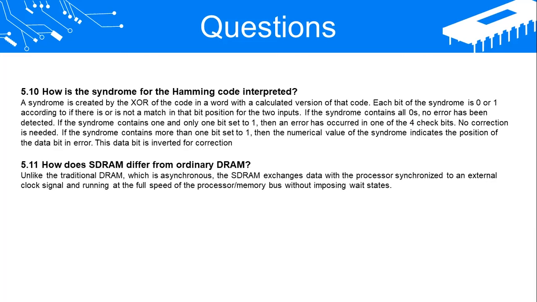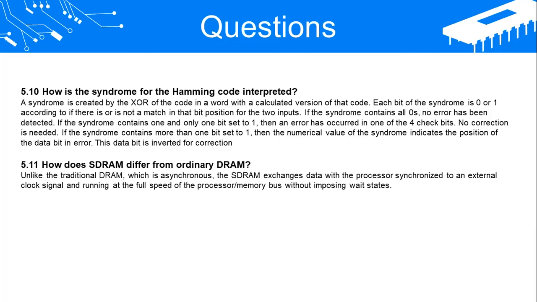If the syndrome contains one and only one bit set to 1, then an error has occurred in one of the four check bits. No correction is needed. If the syndrome contains more than one bit set to 1, then the numerical value of the syndrome indicates the position of the data bit in error. This data bit is inverted for correction.